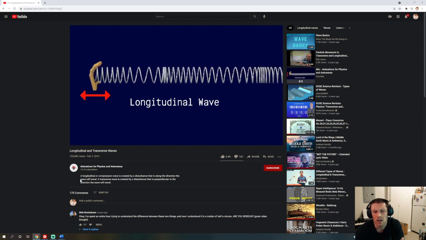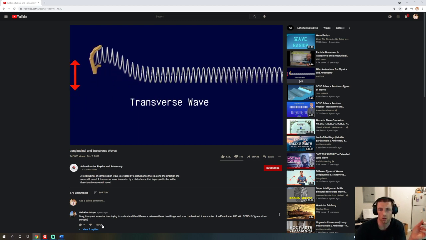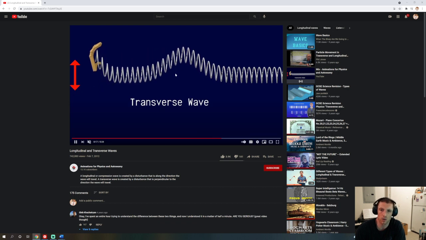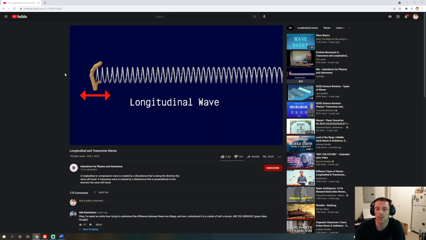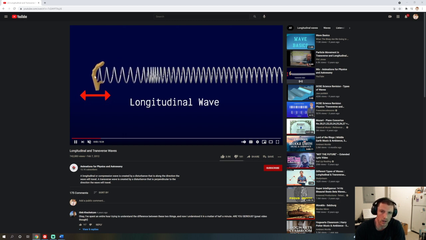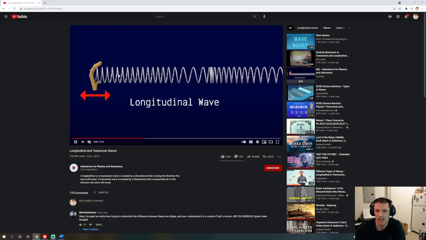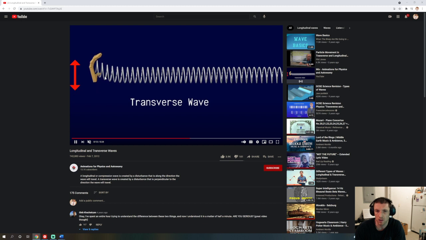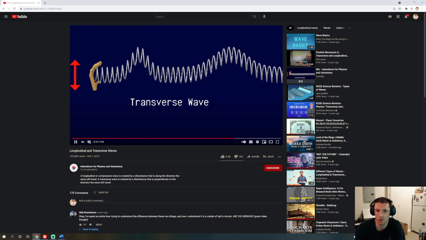What we see here is that there's no vertical or transverse displacement from the equilibrium for the longitudinal wave. For the transverse wave, however, there is a vertical displacement from the equilibrium, if we think of the equilibrium as being this horizontal line here. That's all there is to longitudinal and transverse waves. The longitudinal wave has displacement from equilibrium along the direction of propagation, whereas the transverse wave has displacement from equilibrium perpendicular to the direction of propagation.